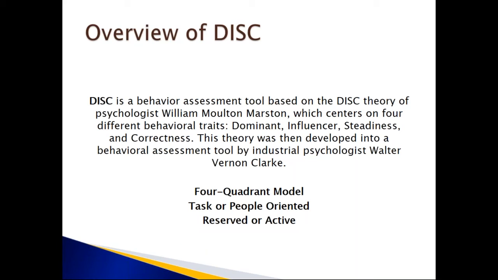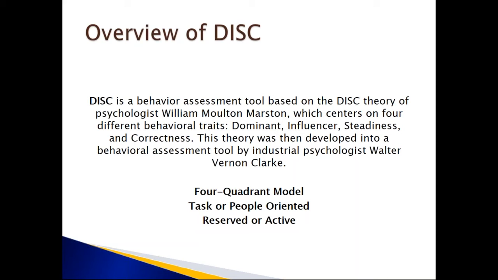Psychologist William Moulton Marston developed this, and it centers on 4 different quadrants or behavioral traits: dominant, influencer, steadiness, and correctness. And you may hear those 4 categories called a few different things, like sometimes steadiness is called stable relator, or correctness is cautious thinker.